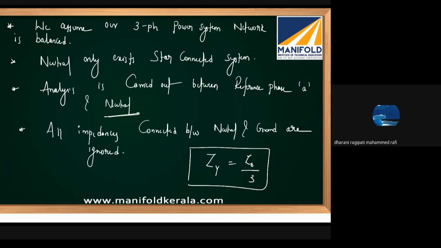And by connecting the power system in star, we'll have a neutral, so that we can do the analysis between phase and neutral. And the second thing is that we assume the power system network is balanced, so we can ignore the impedances connected between neutral and ground. Okay, so these are a few things which you have to remember in our power system analysis. This is Z delta.